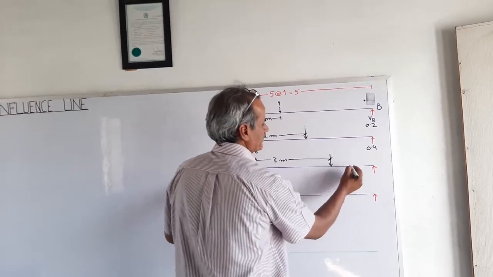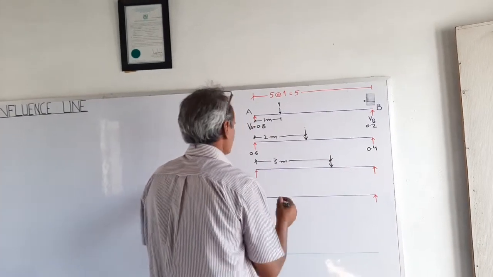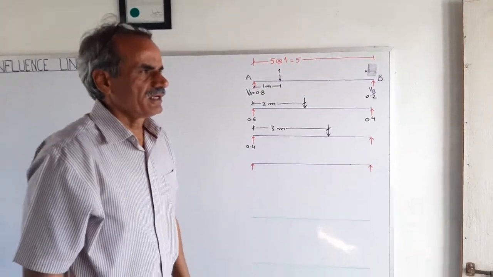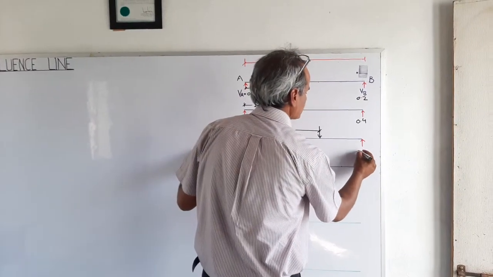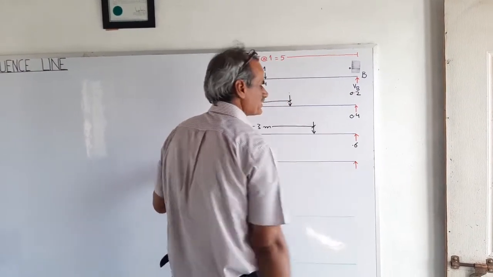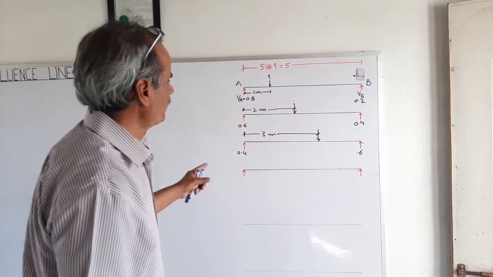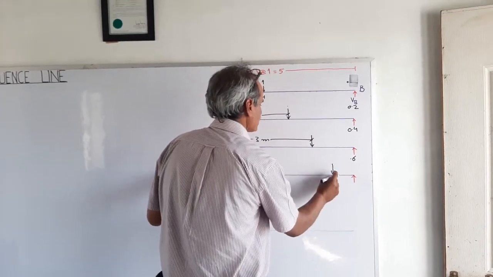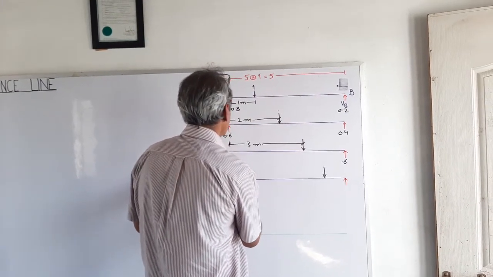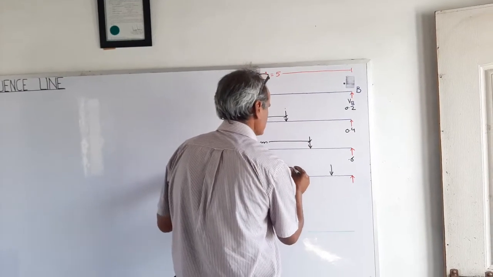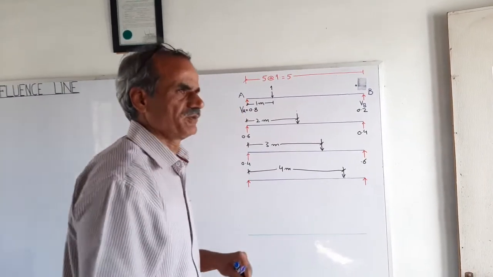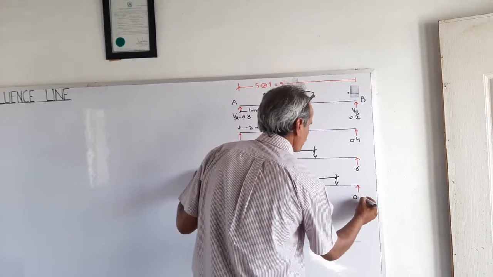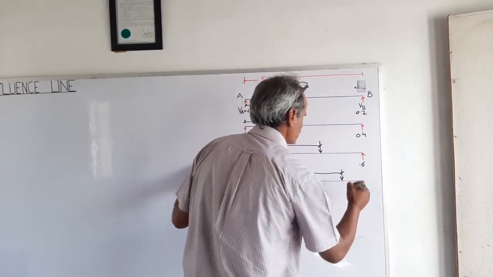Now you would appreciate that 2 divided by 5, this shall be 0.4 on A and 0.6 at spot B. Further moving the load ahead 1 meter more, say over here, this distance being 4 meters, the reactions would be 0.2 at this support and 0.8 at the rightmost support.